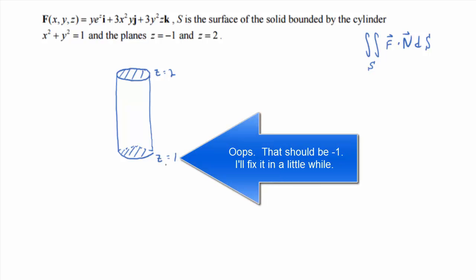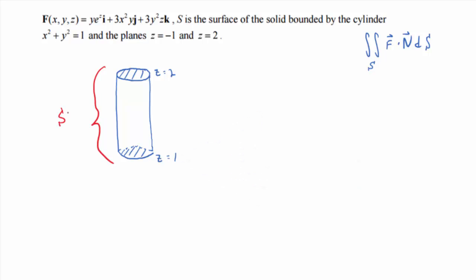Then S is really not only the sides of the cylinder, but the circular disc end caps as well, right? Top and bottom.